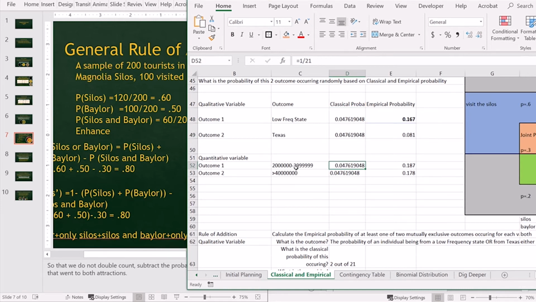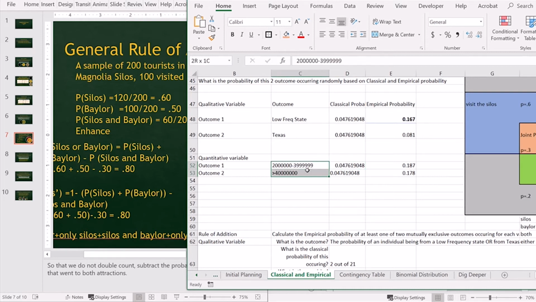If I were to say my company has a revenue of 20 million to 40 million, or greater than 400 million, what's the probability of being in one of those 2 categories? Should I use the general rule or the special rule?